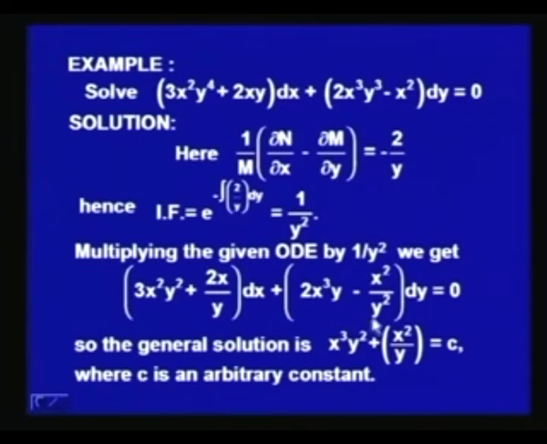Now we will take only those terms of n which do not contain x, and we can see here that in n both the terms contain x, so the contribution from n will be 0, and therefore we have the general solution of the differential equation as x cube y square plus x square over y equal to c, where c is an arbitrary constant.